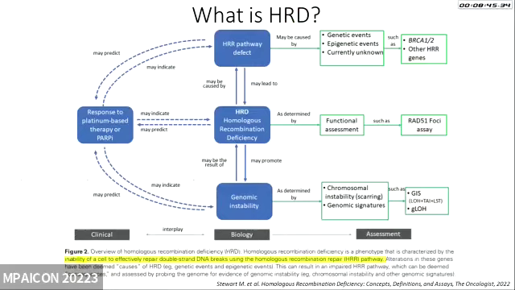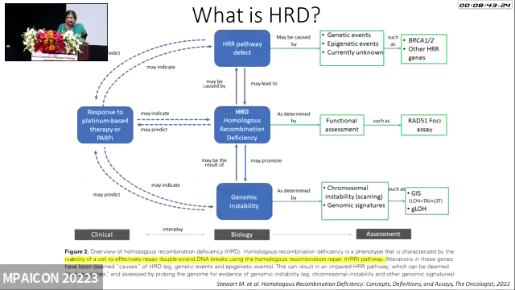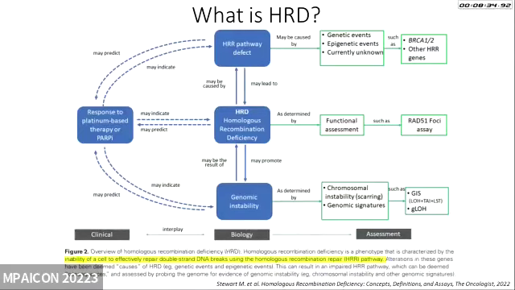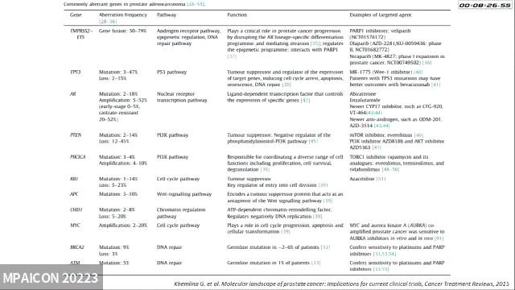So this is a cartoon about HRD, and there are multiple genes involved, and there are various events, genetic, epigenetic events, and currently unknown events. And there are assays available based on next generation sequencing technology.